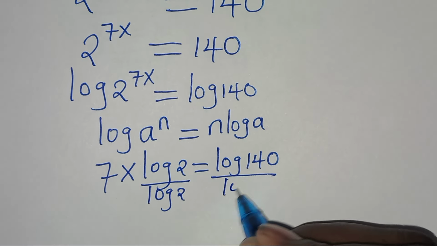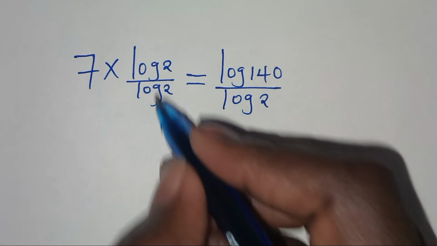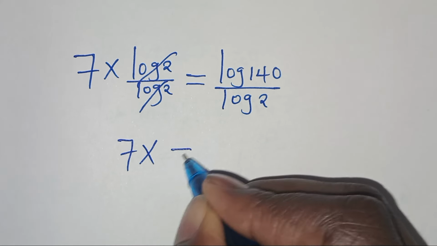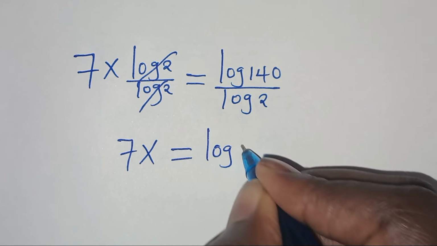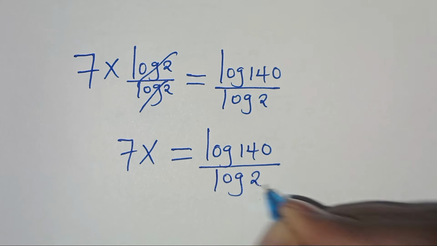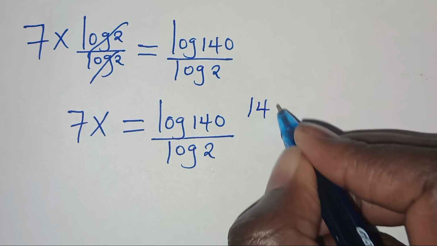So here we have log 2. Now we can simplify log 2 and log 2 here, so that 7x is equal to log 140 divided by log 2. So we can express 140.